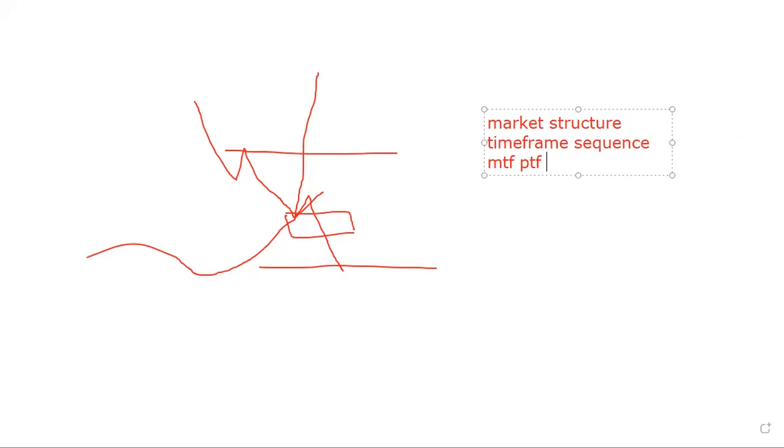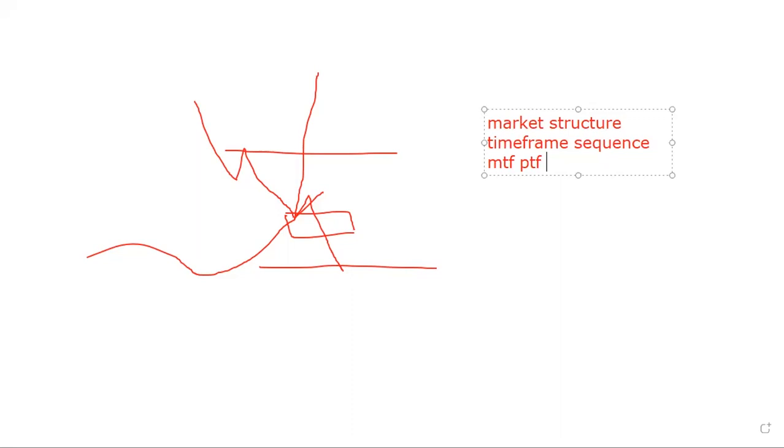In the sense, price is at the monthly moving average, price is at the weekly moving average, and the daily moving average. That particular time frame where the moving average is being respected, in the sense that price has touched the moving average, is going to be our main time frame. Please take note of that.